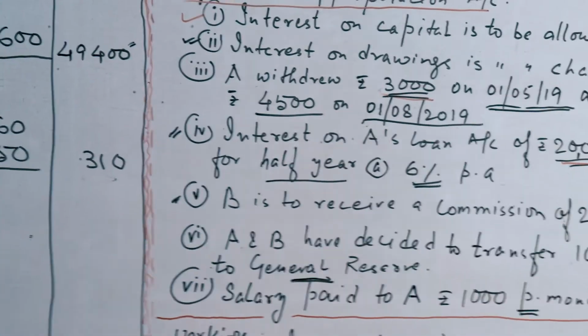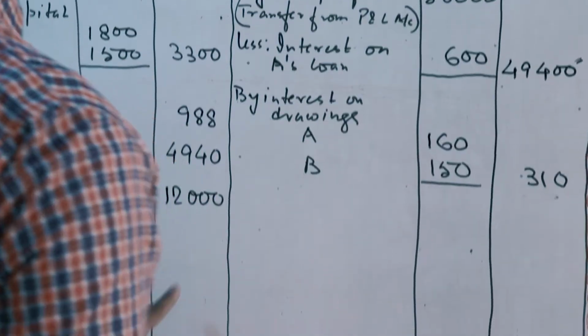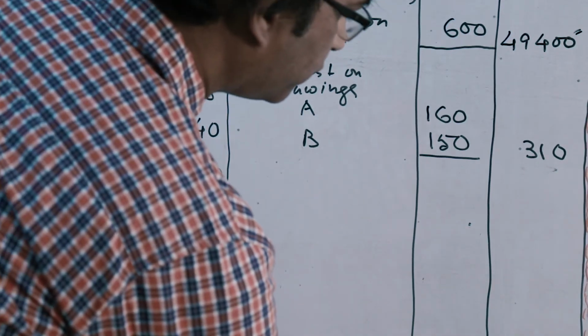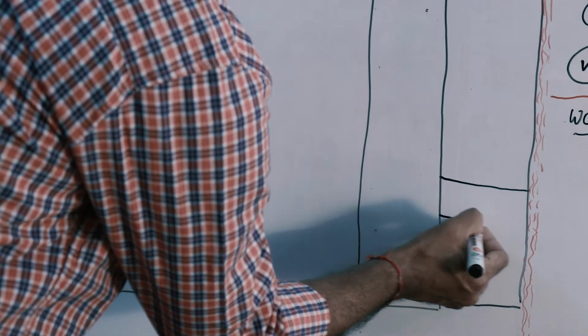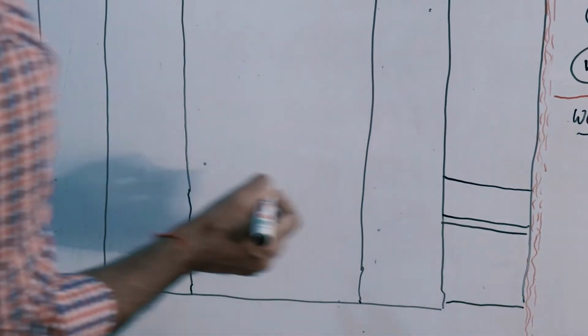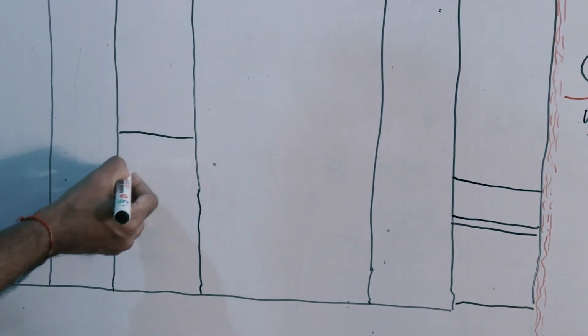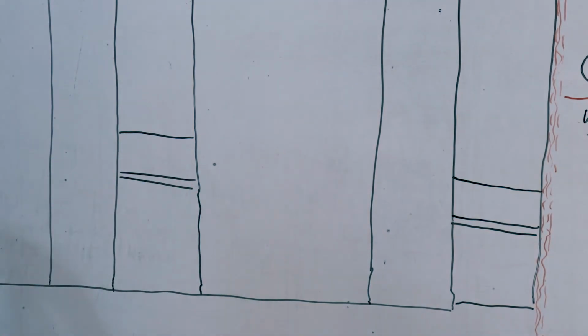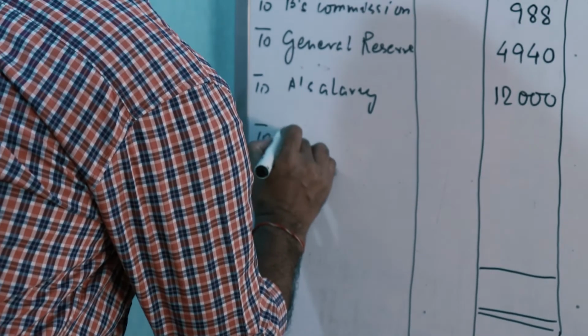Now we will calculate the divisible profit. The balancing figure will be the divisible profit. So now we are calculating the divisible profit.